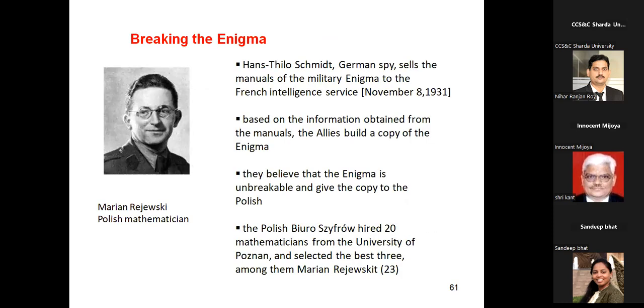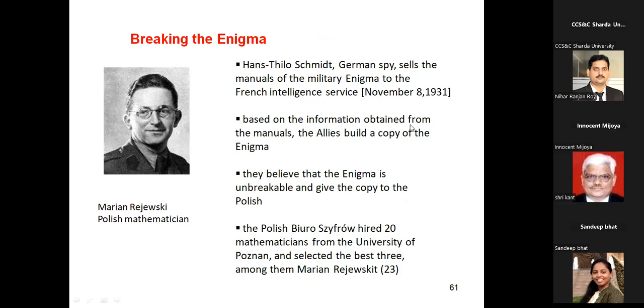Okay, so this man, you must have heard about this name, Marian Rejewski, a Polish mathematician. There was a spy who sold the manual of the military Enigma to the French intelligence services in 1931.